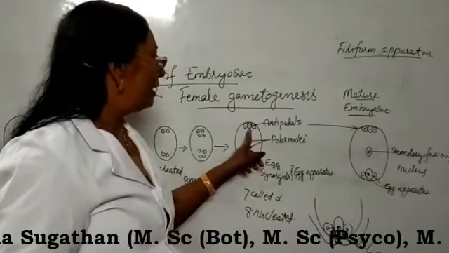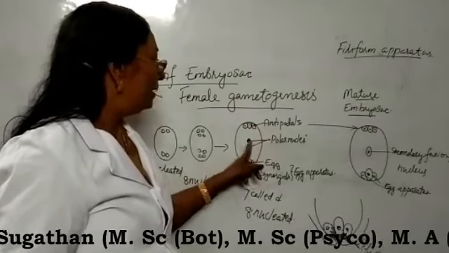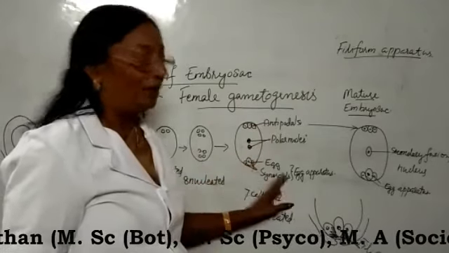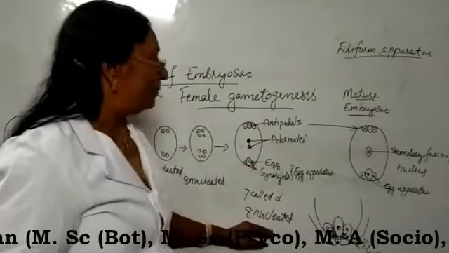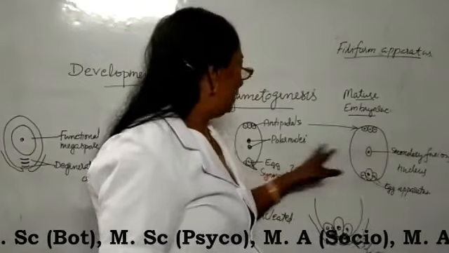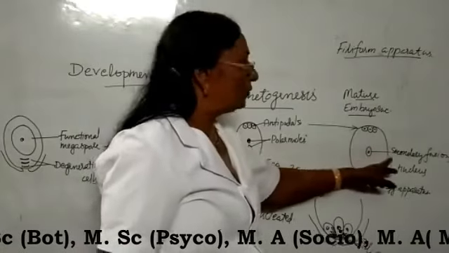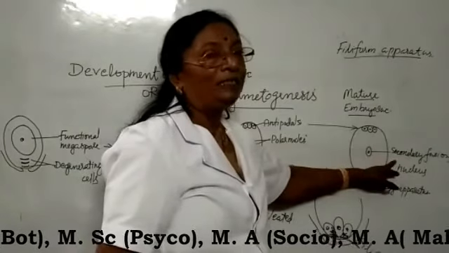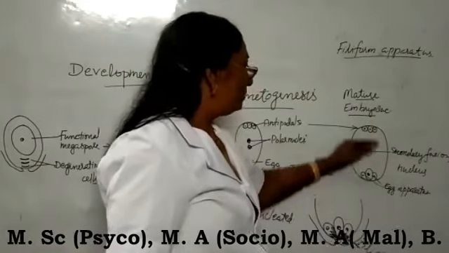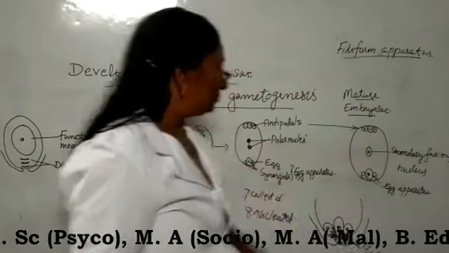The 8 nuclei are the antipodal nuclei, polar nuclei, and the 3 nuclei of the egg apparatus. In a fully mature embryo sac, the polar nuclei are fused together, forming the secondary fusion nucleus. Thus a fully developed embryo sac is this one.